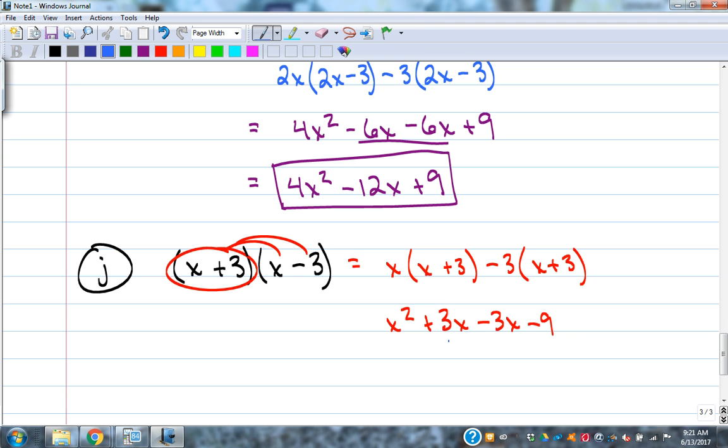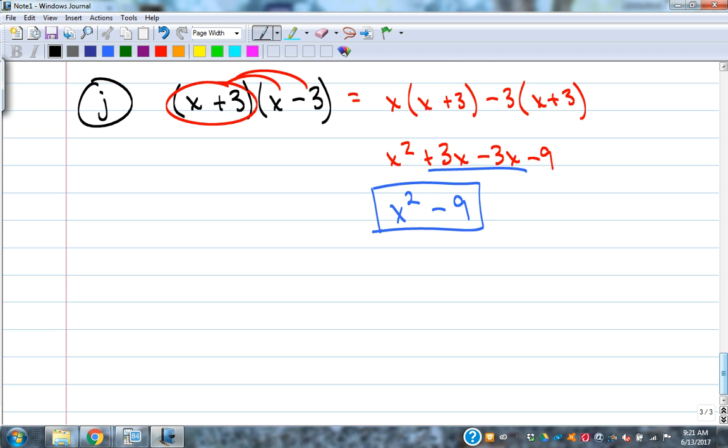The like terms in the middle, what happens to them? They cancel out. Okay. But it's no different. The work's exactly the same. There are shortcuts you can remember: if they match except for the sign in the middle, then the middle term is going to cancel out. Maybe that's a way of remembering that. But the work's still the same. You still got to do the work either way. The process of how you're working that problem is not changing.